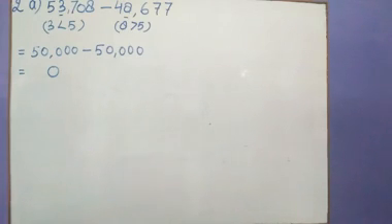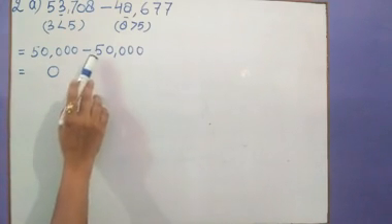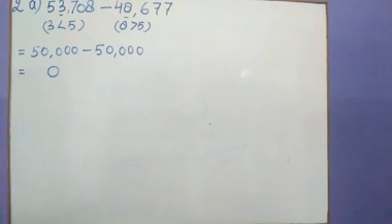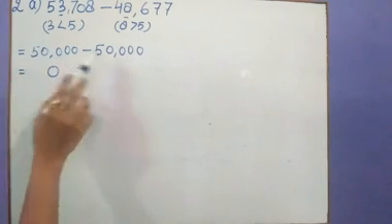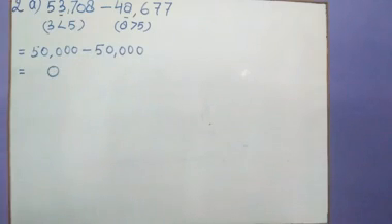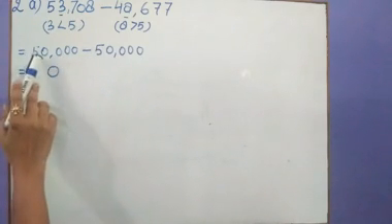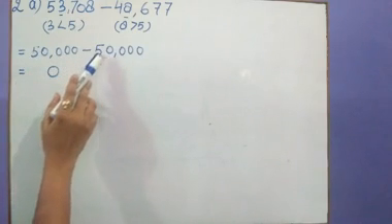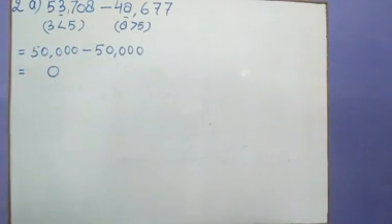So 48,677 will be rounded up to 50,000. Now we will subtract. After subtraction, we will get 0. 50,000 minus 50,000 is equal to 0. And it is our answer.